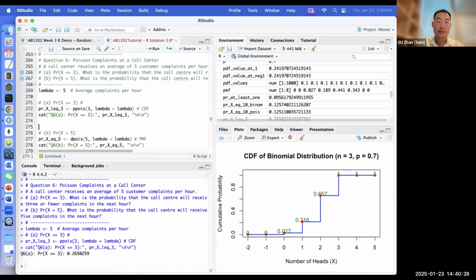Then what about exactly x equal to 3? Now, P of X equal to 3, how do we calculate? You calculate by dpois, density function or mass function, 3, lambda equal to.